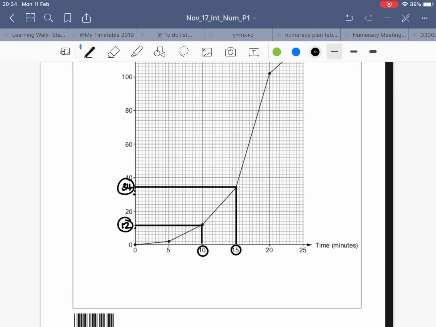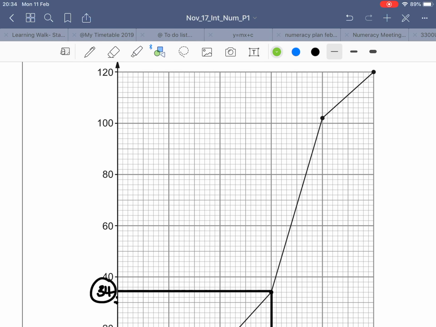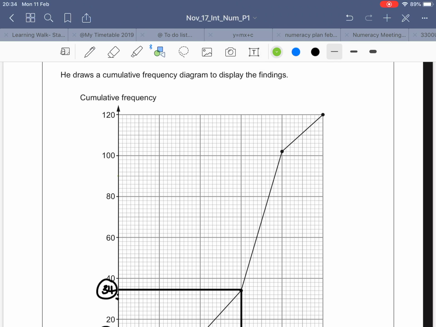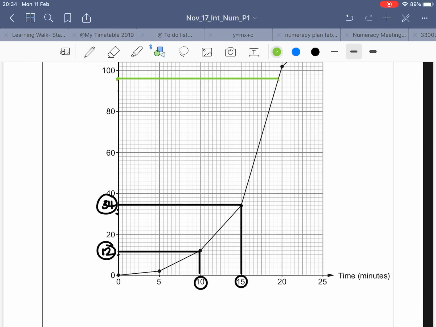So if I come over here, and there's the cumulative graph, I'll change the colour of the pen so that you can see it from the other one. 96 of his customers, there's 90, and then there's 92, 94, 96. 96 of his customers would be that green line, and if I come down to the bottom here, they actually come in at 19 minutes.